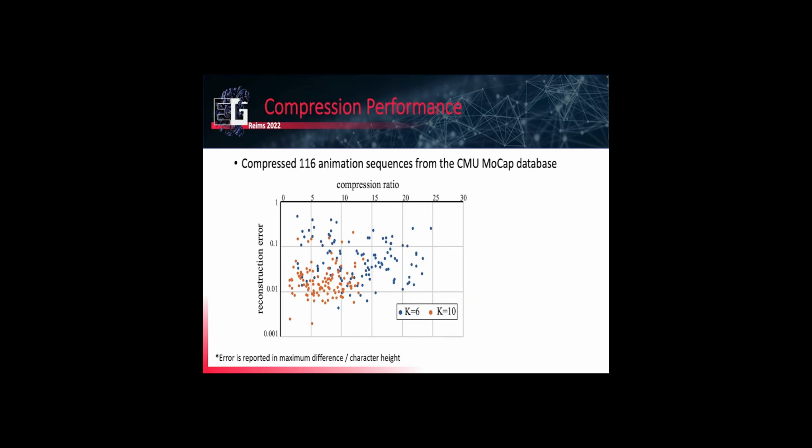Finally, let's take a look at compression results. Here is a plot where we fix the number k of Fourier feature frequencies and apply our method to 116 sequences randomly sampled from the CMU mocap database. We fix k because we want to control the network size and compression ratio.